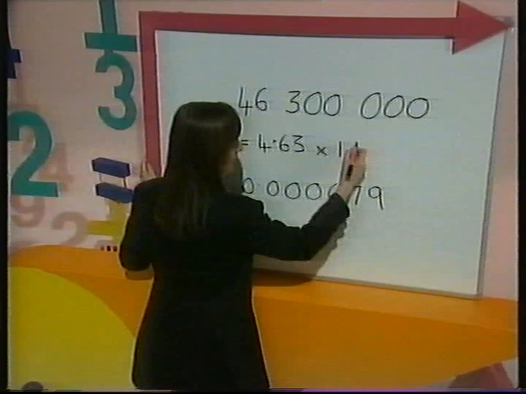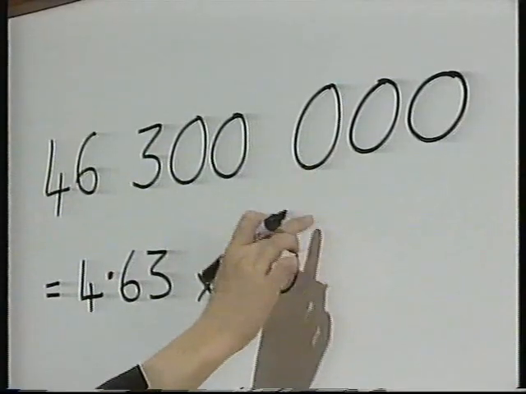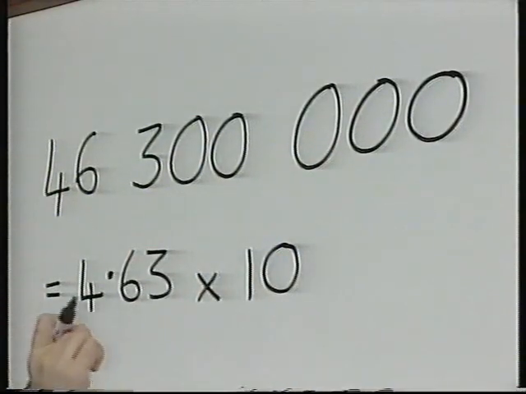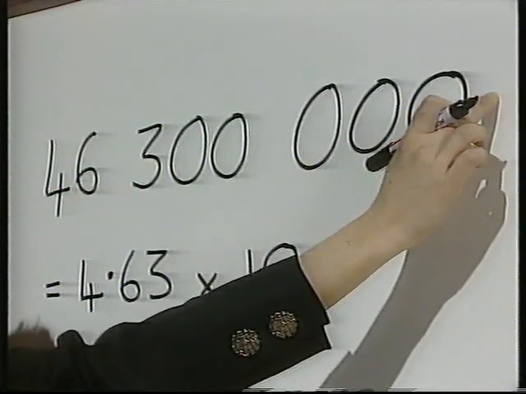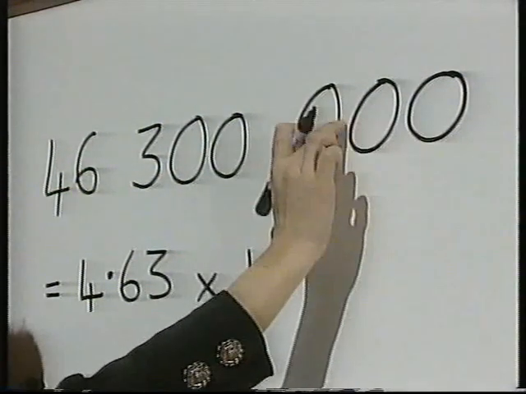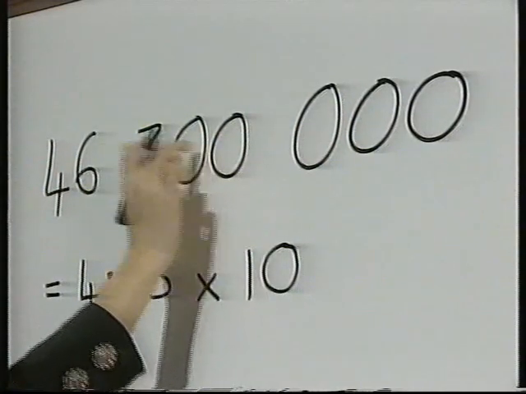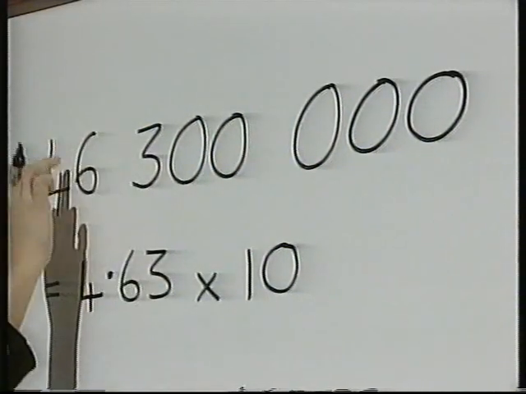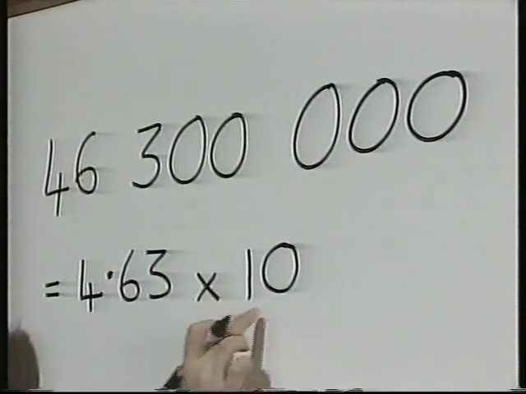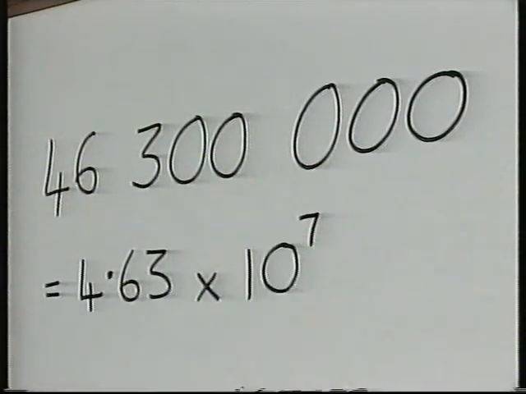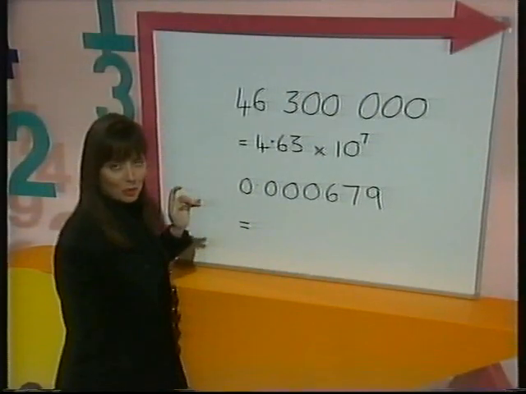So we'll just put multiplied by 10, and we're looking for a power here. Well, the decimal point has moved from here, how many places? 1, 2, 3, 4, 5, 6, 7 places. So that gives us 4.63 times 10 to the power 7 in standard form.